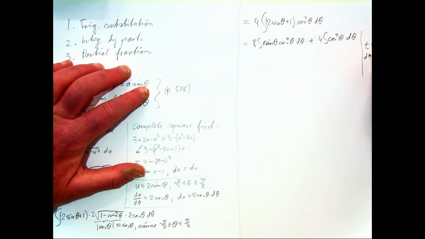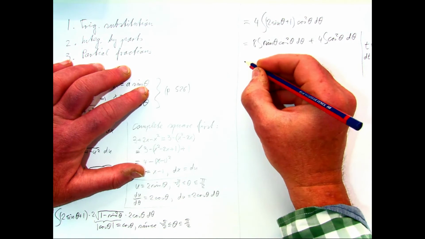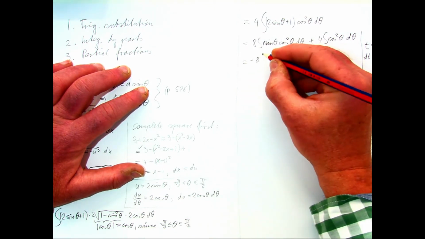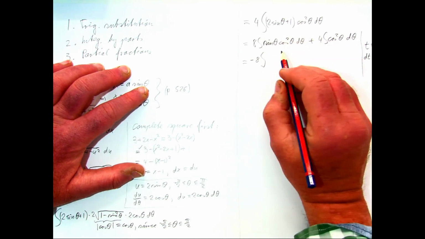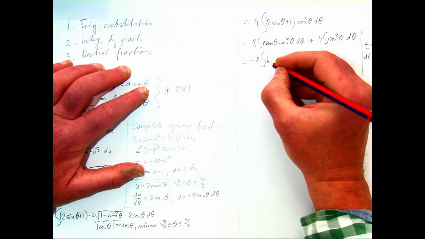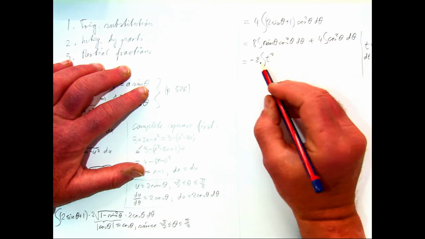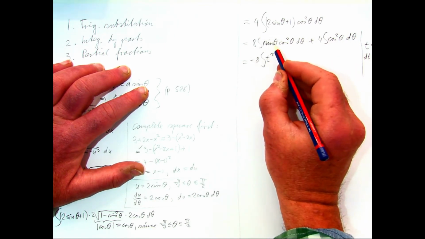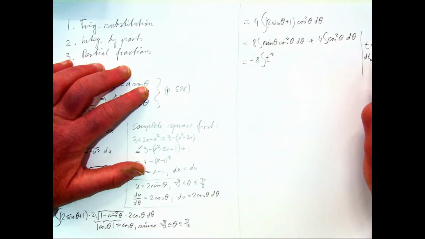Then dt is minus sine theta d theta. That means I can here write minus 8, and then I have my cos squared, which is t squared. And because of the minus 8, I have to write minus sine theta d theta, which is exactly my dt.